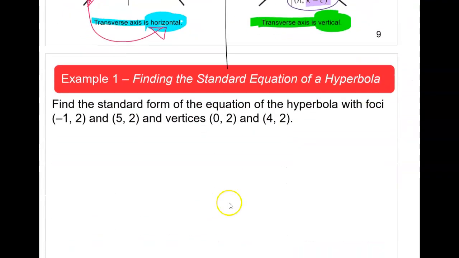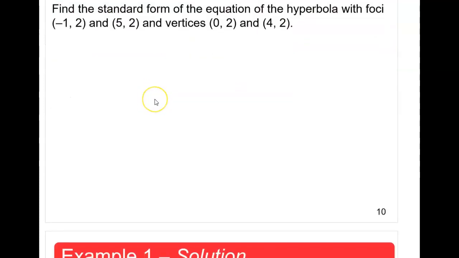Okay, so we have here finally our first example. The standard form, it says find the standard form of the equation of the hyperbola with foci at (-1, 2) and (5, 2). And also they're giving us the vertices, which is nice. So we have 2 things to work with, or 4.